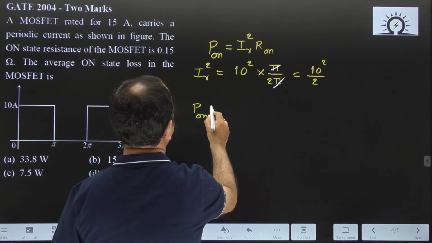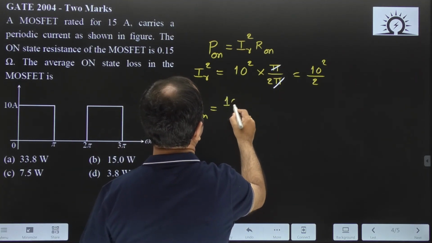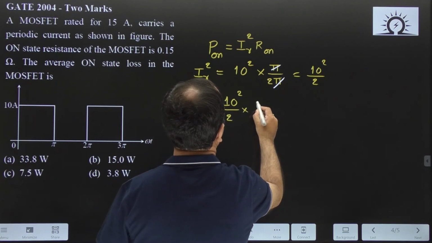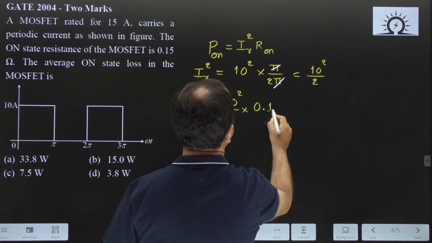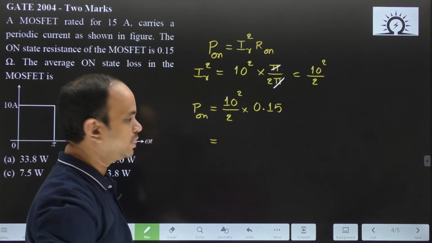Now, by substituting this I_RMS squared, the conduction power loss is equal to 10 squared divided by 2 multiplied with the on resistance, which is given as 0.15 ohm.